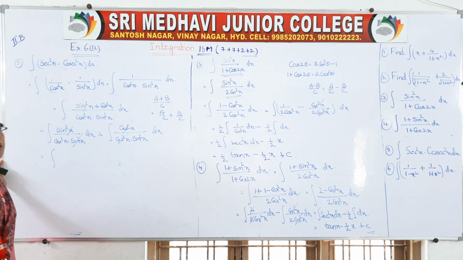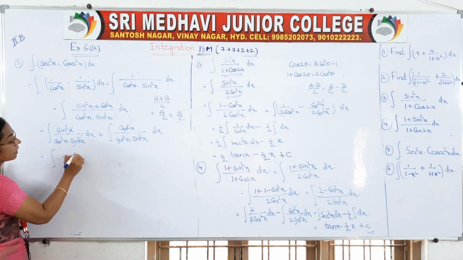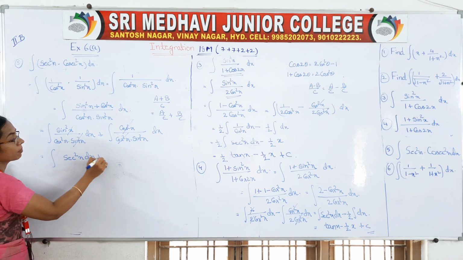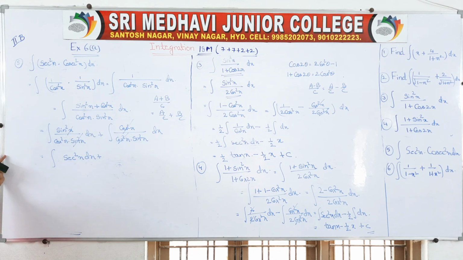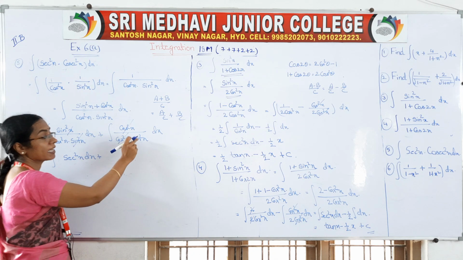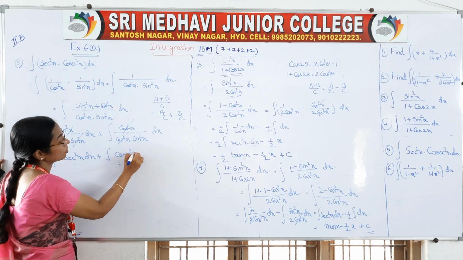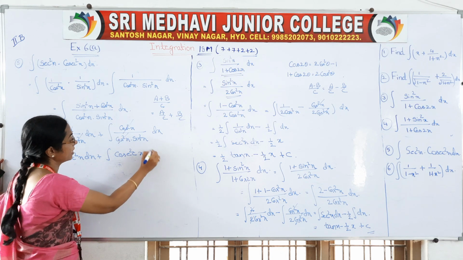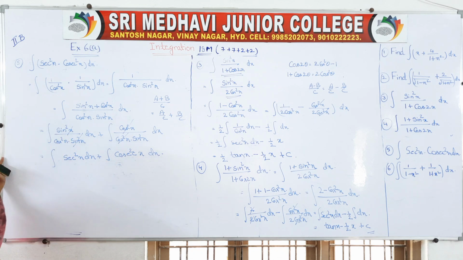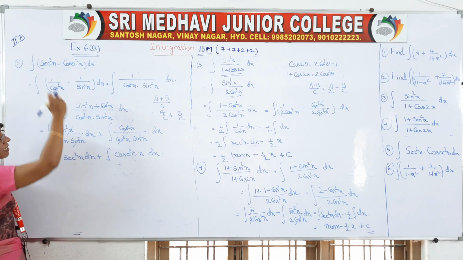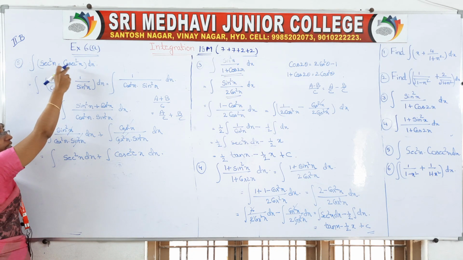1 by cos is secant, so square means it is secant square x dx, plus 1 by sin is cosec, but 1 by sin square is there, so it is cosecant square x dx. Both are direct formulas. So see, girls, actually it was multiplication.